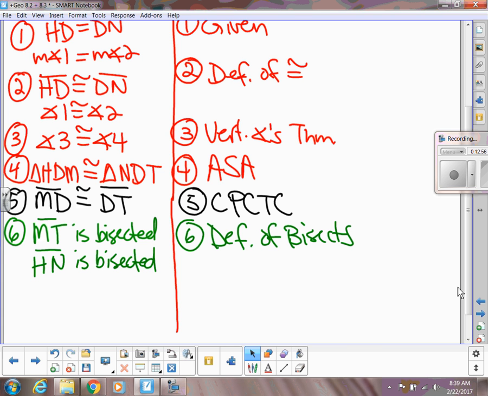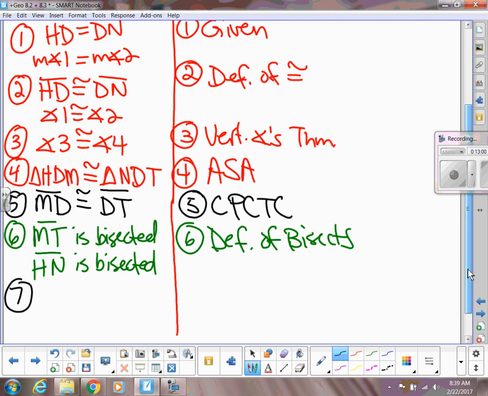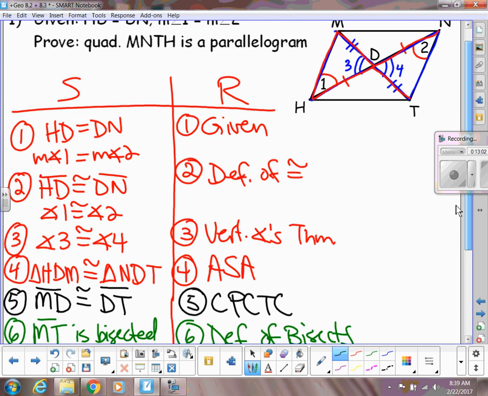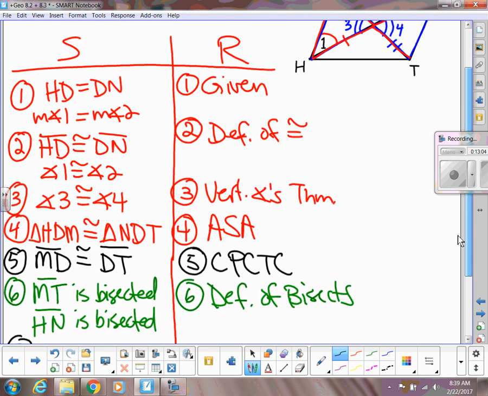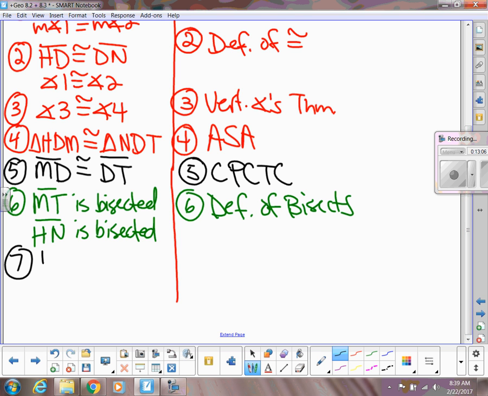And then we can say what we were trying to prove. I need all the letters, so I need to go back up to the letters. We can say MNTH is a parallelogram. And just so you know, an abbreviation for parallelogram, instead of writing out the word, you can draw a small little parallelogram. So that's a shorthand you can use.